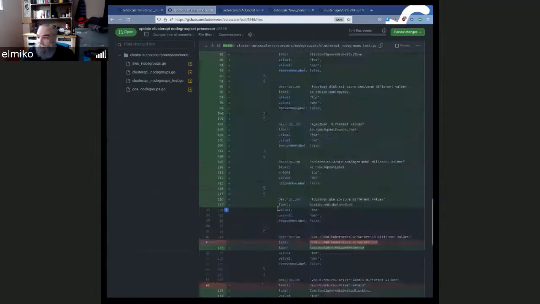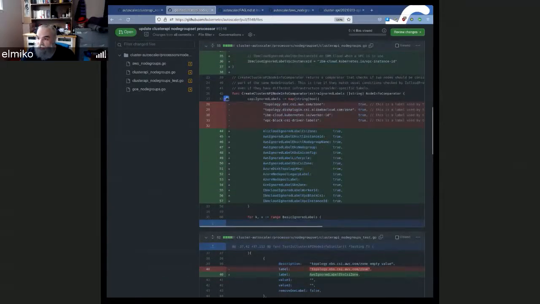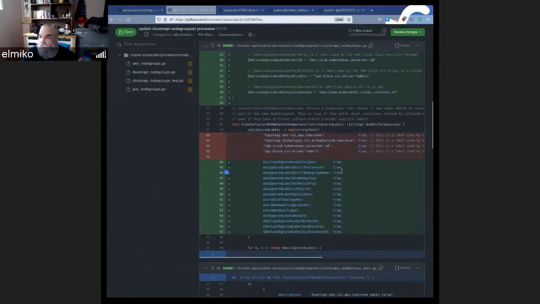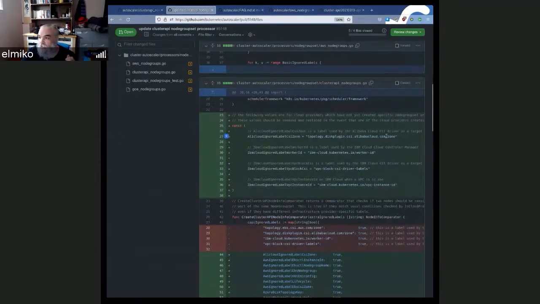Here's the list of labels that I'm trying to update currently into our code. These are the labels that I think we should incorporate, and I'm trying to bring them in from all the different clouds that we cover. These are the automated labels that they use. Many of them are used by CSI drivers or cloud controller managers, and they're just used to tell that this node is in this zone or that zone.